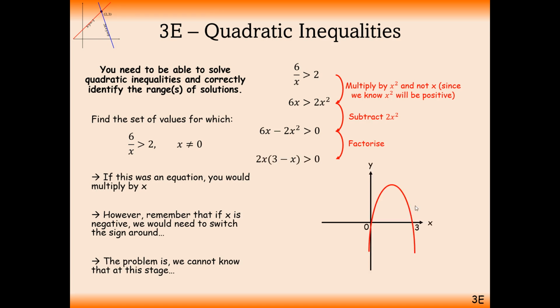When you put these roots, 0 and 3, on the graph, and you solve this inequality, you say y is bigger than 0, this is the definition of y, so y needs to be above 0. You're looking for this section of the graph, and it will give you the same answer. You say x has to be between 0 and 3.